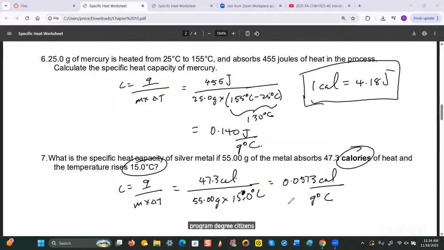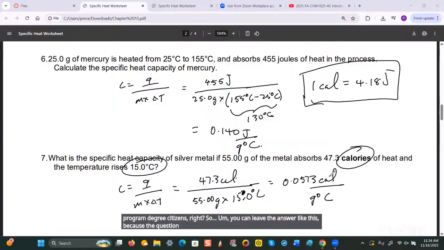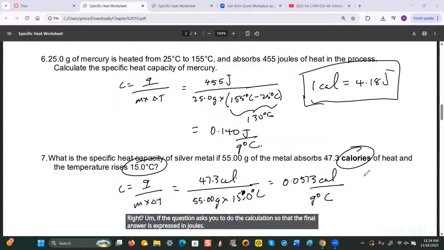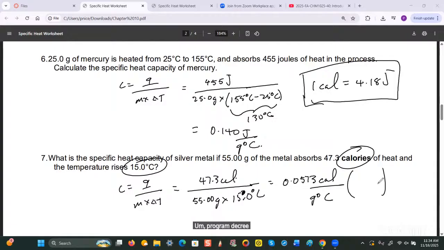So you can leave the answer like this because the question did not specify the units, right? If the question asks you to do the calculation so that the final answer is expressed in joules per gram degree Celsius, then you'd have to add this conversion factor where we have 1 calorie down here, 4.18 joules up here, and that will give you the answer in joules per gram degree Celsius.